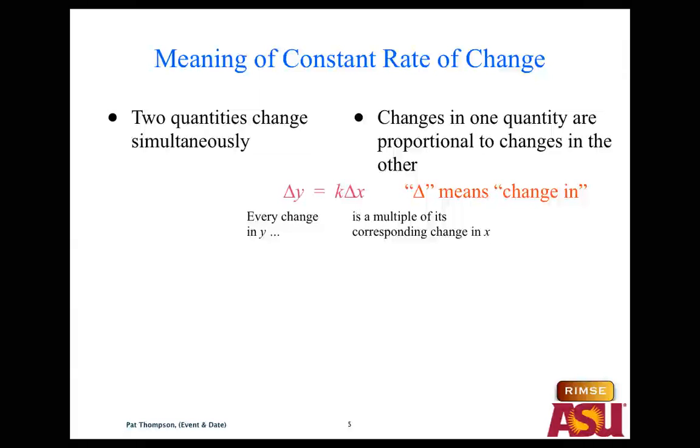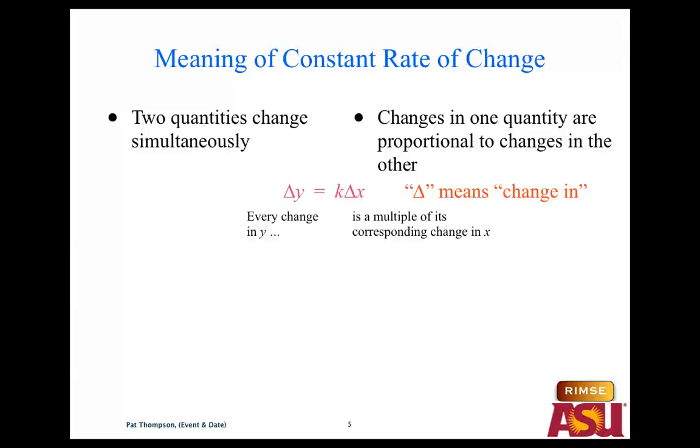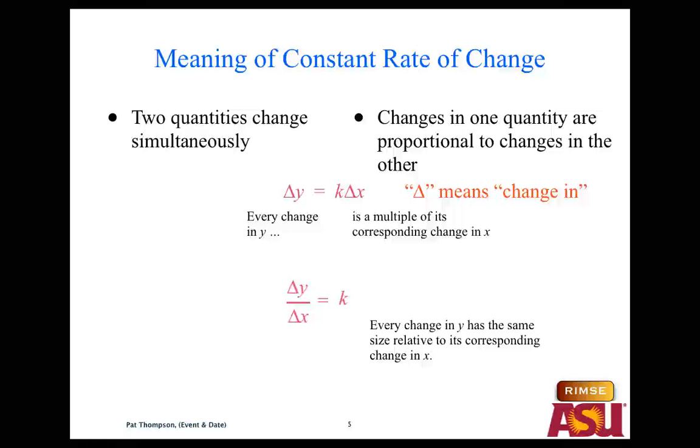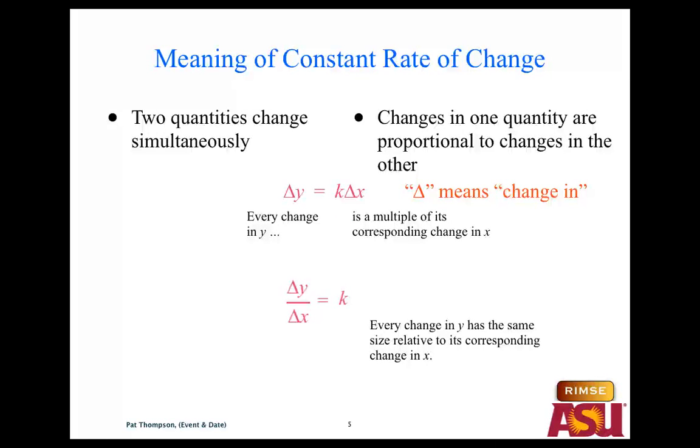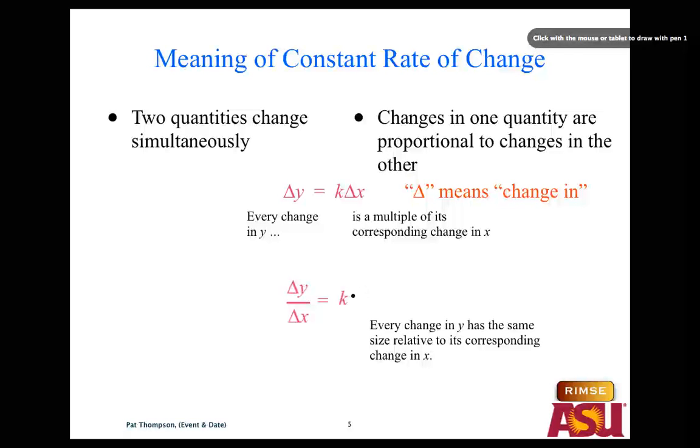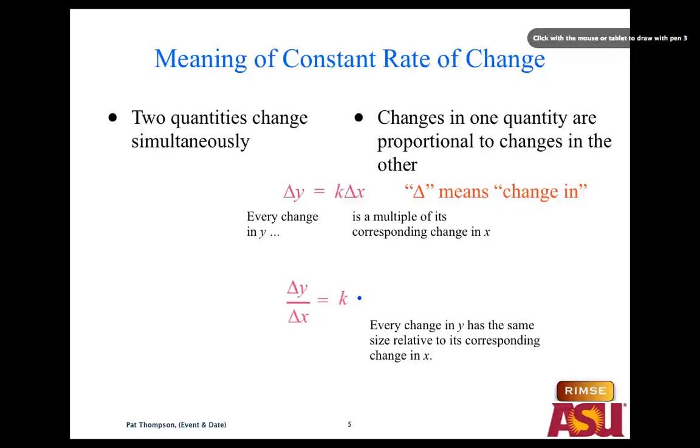Every change in y is a multiple of its corresponding change in x. We also said every change in y has the same size relative to its corresponding change in x. What do we call that relative size? Constant rate of change. The relative size of the change of one to the change of the other is our constant rate of change.